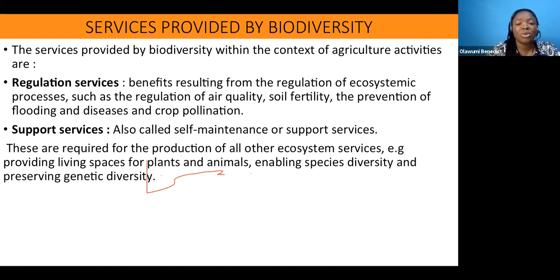These are benefits resulting from the regulation of ecosystemic processes, such as the regulation of air quality, soil fertility, the prevention of flooding and disease, and crop pollination. We know that when we want to do certification, some of these questions are asked. Some of them have been regulated, so if you want to practice good agricultural practices under Global GAP, these are the things you must do.